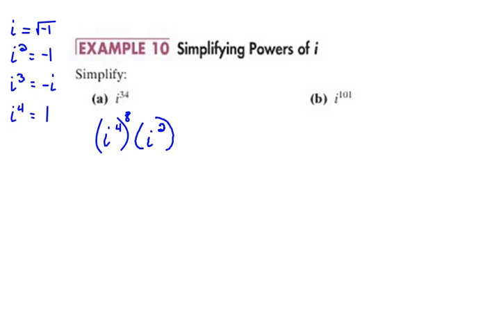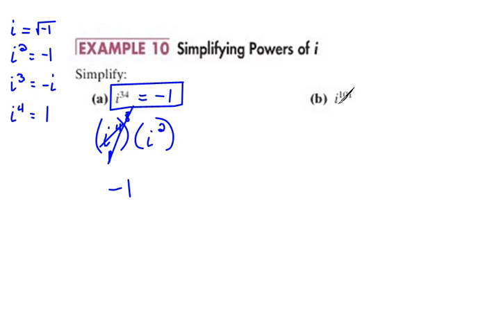So it'd be like saying i to the 4th to the 8th, so that's i to the 32nd, and then 2 more of the i's would make 34. Well, every one of these i to the 4ths is going to be a 1, and 1 to any power is 1. That's why we try to break down and see how many i to the 4ths are inside here, because every one of those is going to be a 1. It won't matter. So now we're just looking at i squared. Well, by definition, i squared is -1. So our answer here, i to the 34th, is equivalent to -1.